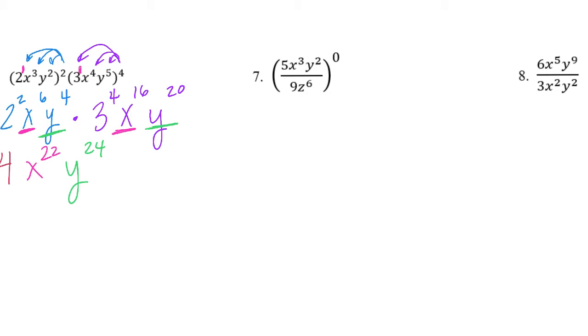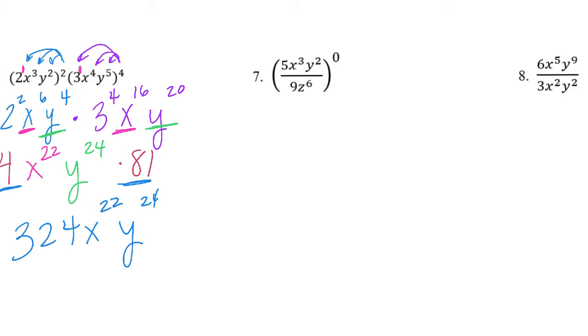And last thing I want to do is 3 to the 4th power, which is, sorry, I got to get my calculator, 81. So then last thing that we need to do is multiply our two numbers together. So 81 times 4 is going to be 324. And then x to the 22nd, y to the 24th. Those just come down. That's my final answer there.